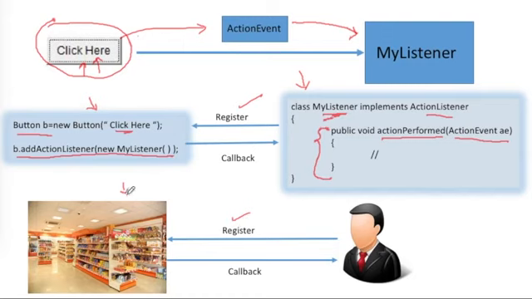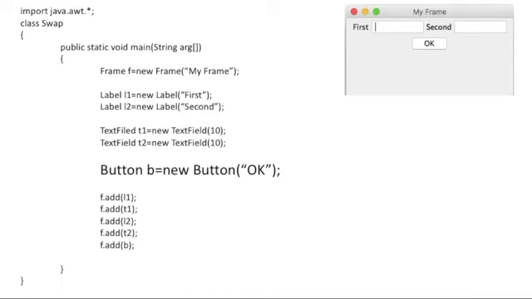So whenever there is an event, they will call this person and inform. So this is a callback to this customer. Similarly, my listener has registered with the button saying that whenever you are clicked, you call me. So whenever a button is clicked, this function, the actionPerformed function, will be called.